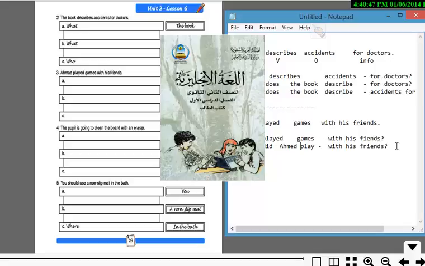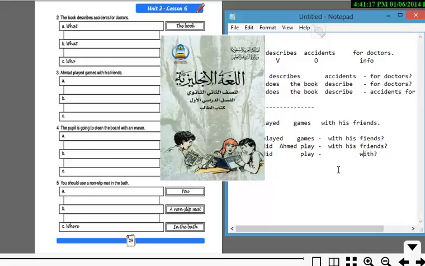Now when I want to ask about the last part, which is his friends, the information part, I'm going to use who, because this is a person, and again I'm going to use did and play here with a separation. I'm going to use with as the last word because it's a preposition, like we used for and with last time.